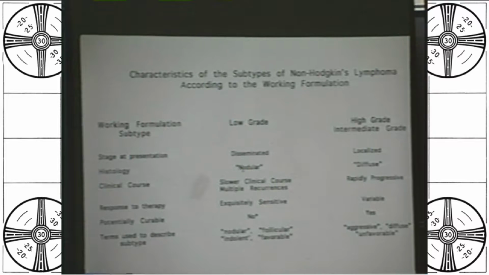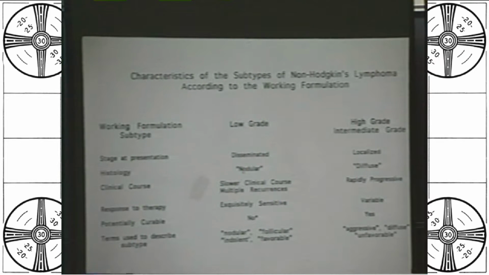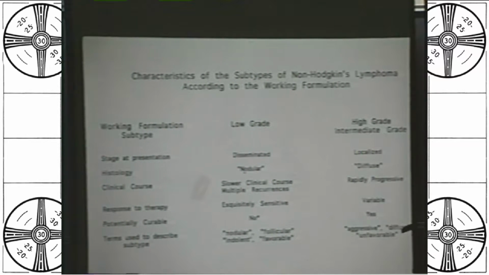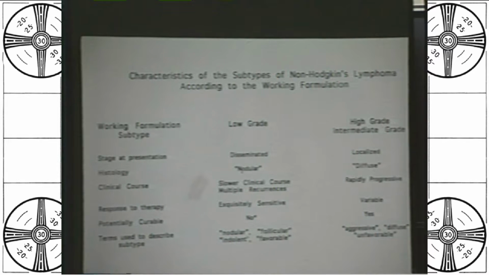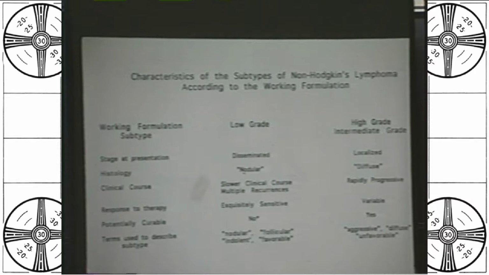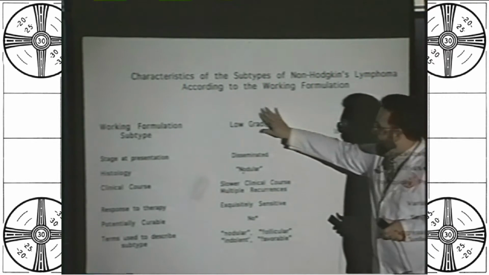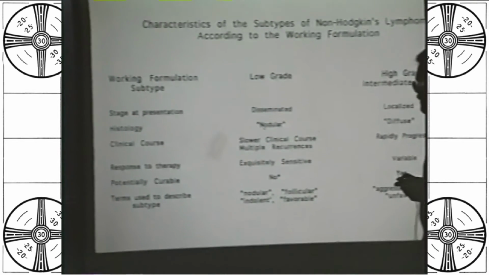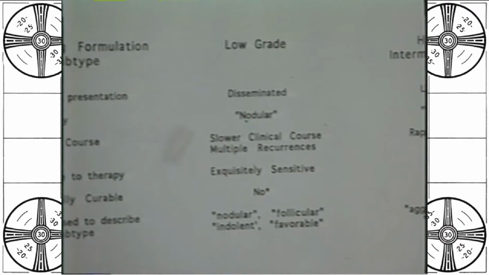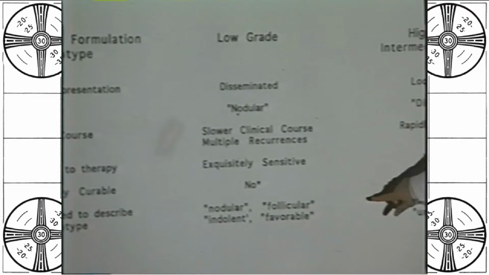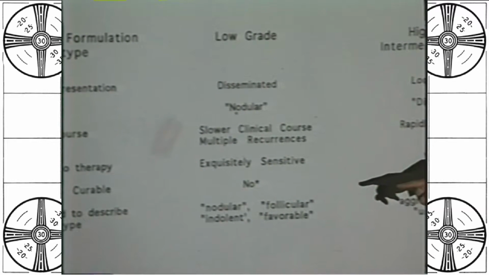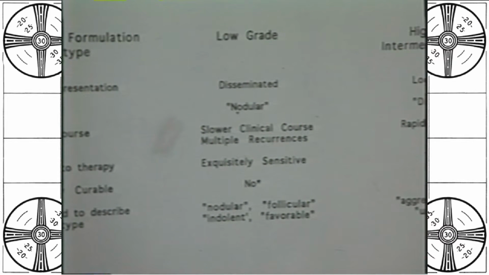So how are we going to do that? Well, if we look at several pathologic and clinical features, we'll see that there's a contrast between these 2 categories. Low-grade lymphomas are what many of you have heard as nodular lymphomas, or some people use terms like favorable lymphomas, indolent lymphomas, nodular or follicular.